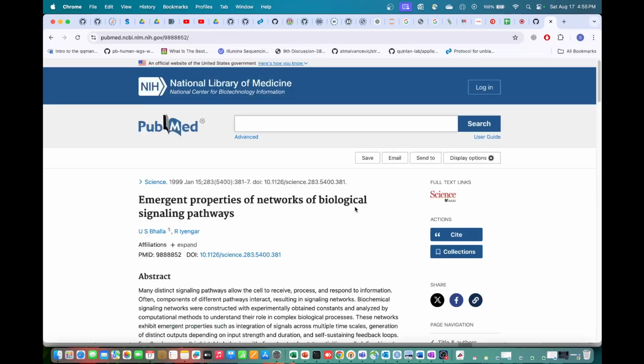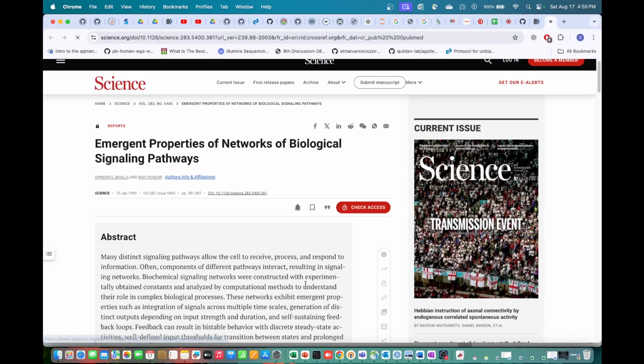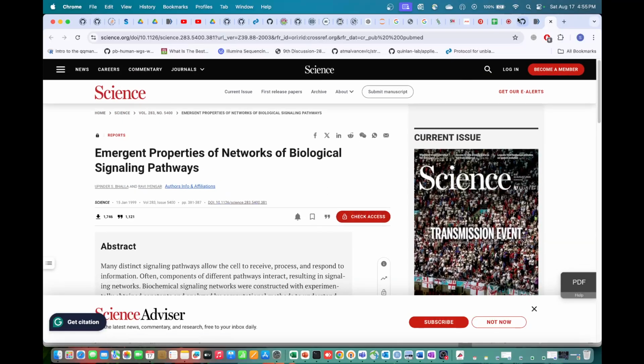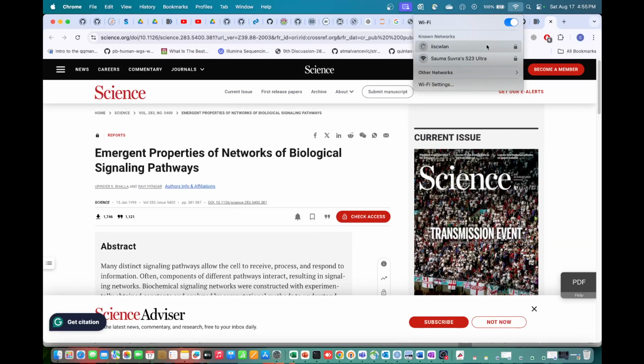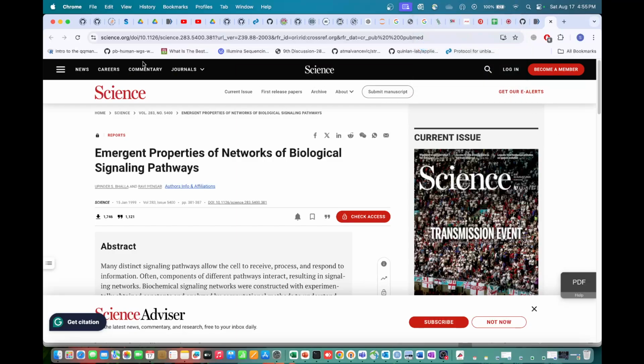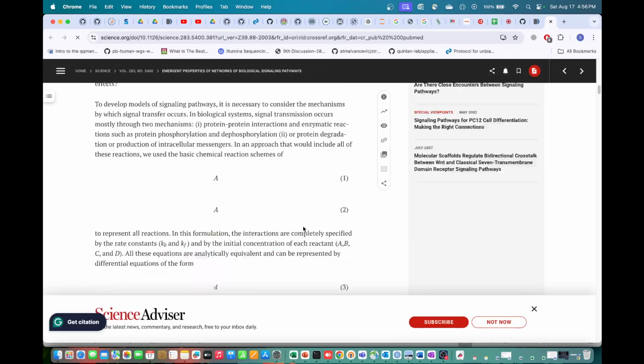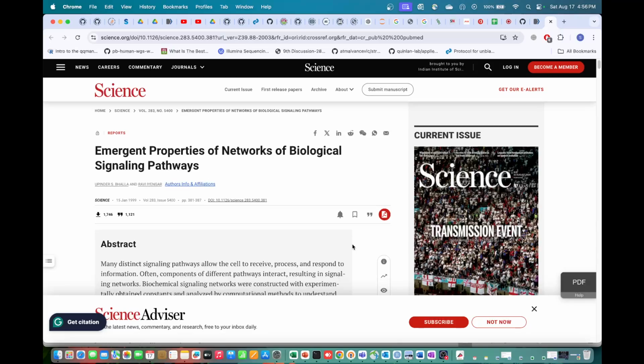So here they have described it in great detail how your different pathways work. Just let me connect to my ISC email ID, so then I think we can get access to this. Yeah. So if you want the PDF of this, I can send you.